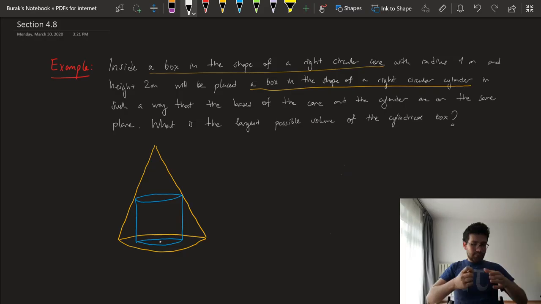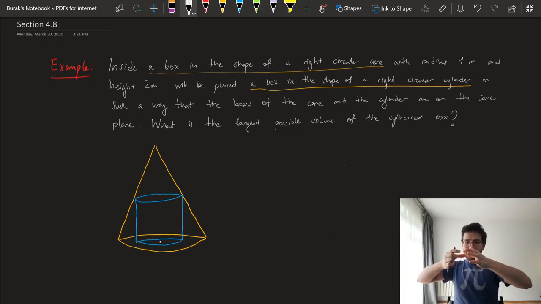So pretend that this is the base of the cone and this is the base of the cylinder, and this stays inside. Then by moving this cylinder and aligning the centers, I can move the cylinder and align the centers. Then because in the first place the centers were not aligned, there will be some room for me to actually enlarge the cylinder. So if I am to find the largest possible cylinder, I need to first of all align the centers of the bases. So I'm drawing my shape like this.